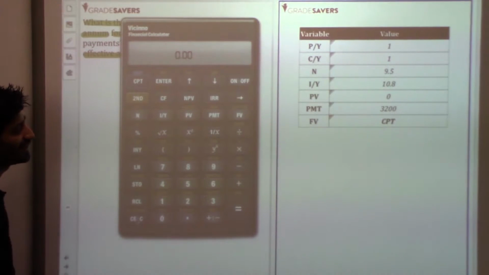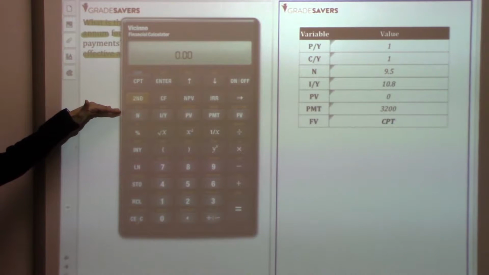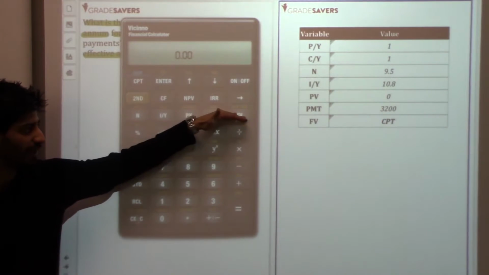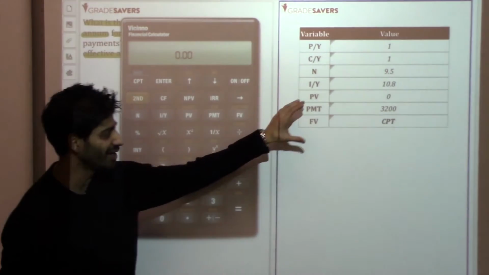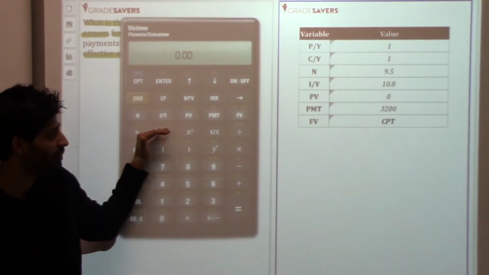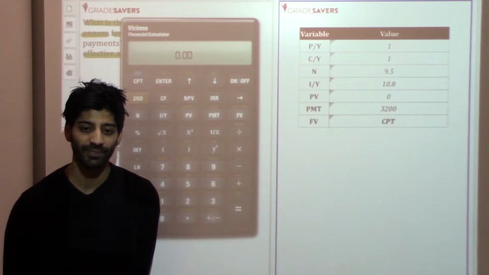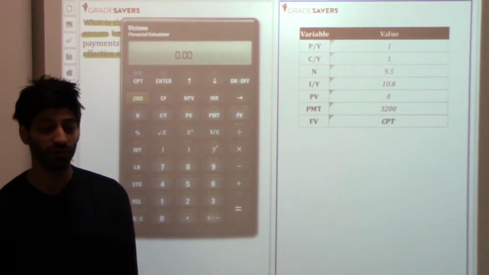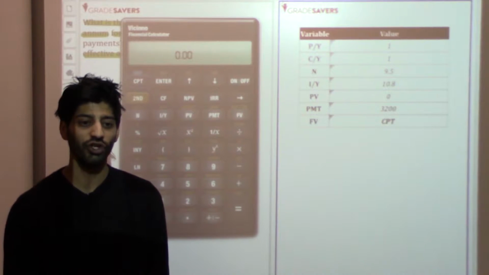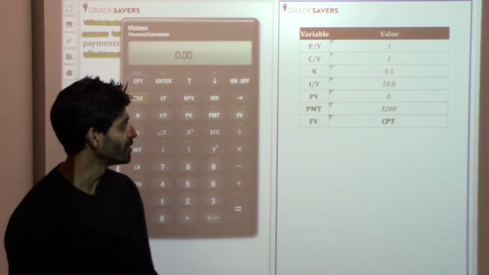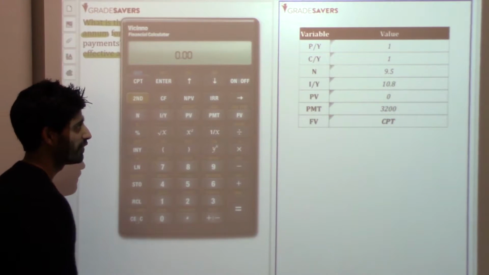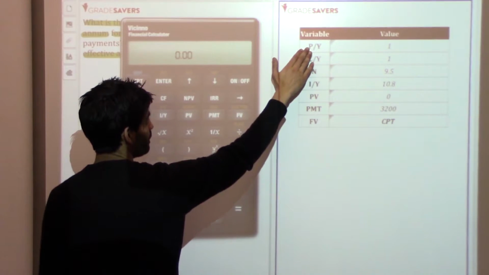What that does is that it assigns a value of 0 to each of the TVM variables. Now the order in which you assign these values to the variables is not relevant. As long as you've assigned the value to 6 of the variables, you will be able to solve the one that is missing. So let us imagine we want to start off by changing the PY.